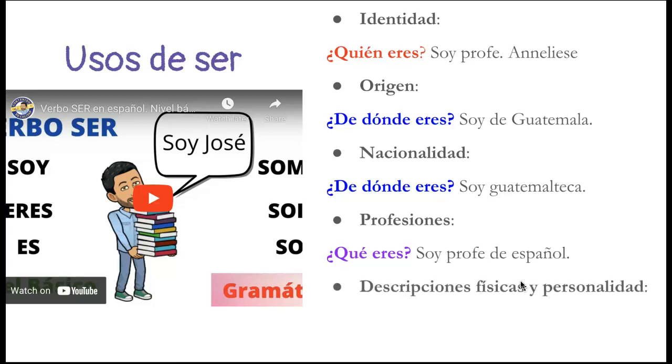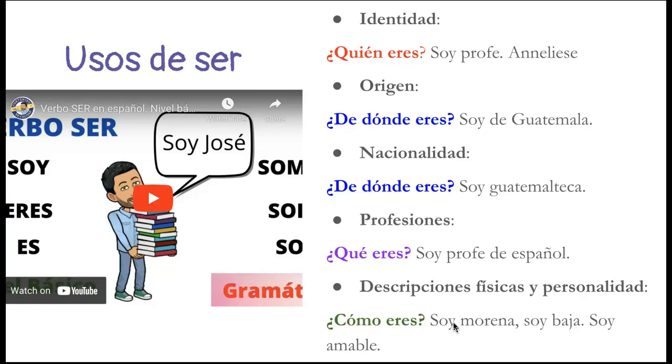Profe de español. Then we use it for physical descriptions and personality. ¿Cómo eres? How, ¿cómo eres? How you are, what are you like, right? I'm asking you, what are you like? So you can do a physical description. Soy morena, I am brown-skinned, soy baja, I am short.